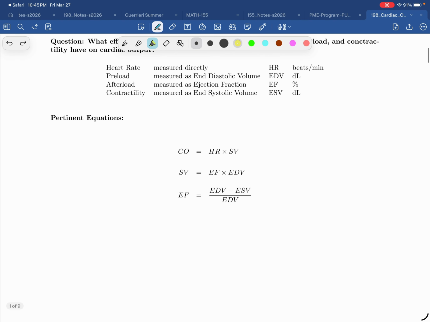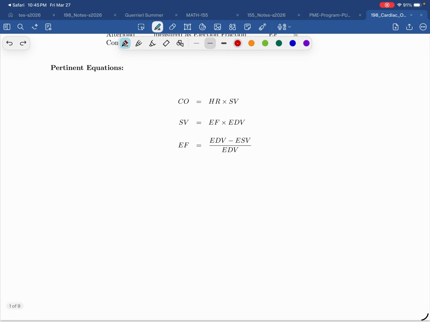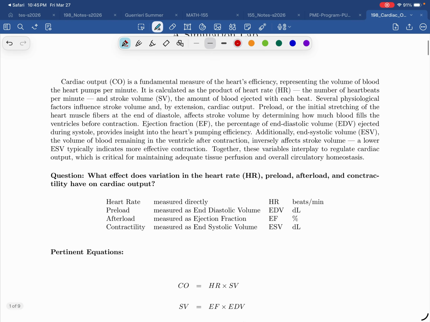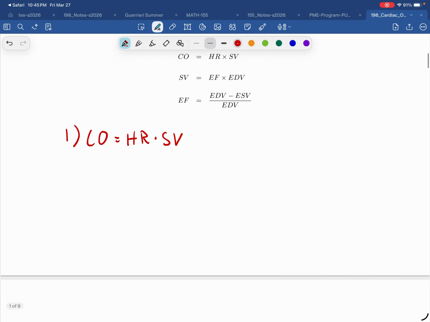So here are the equations that are given. Let's take a sec to dissect this a little bit. Our first equation is that cardiac output equals the heart rate times stroke volume.